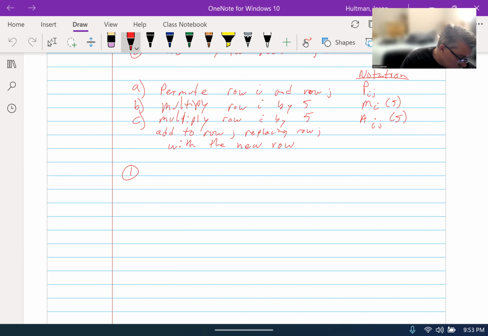Write the following matrix in row echelon form and find its rank.